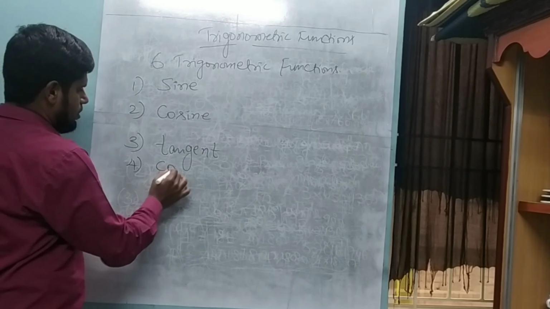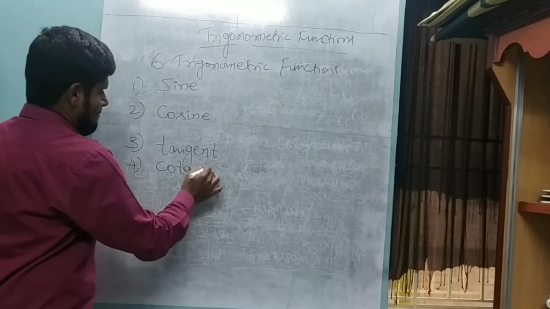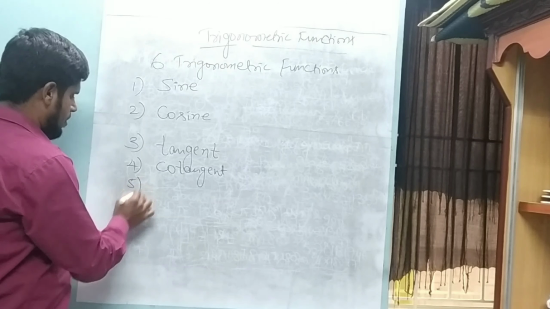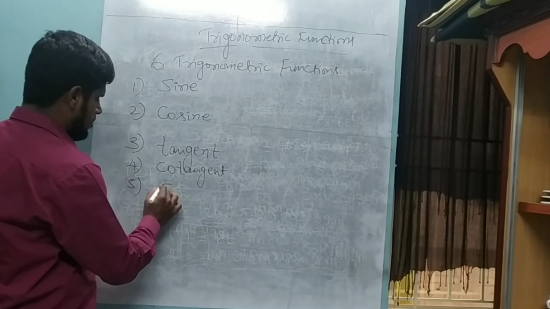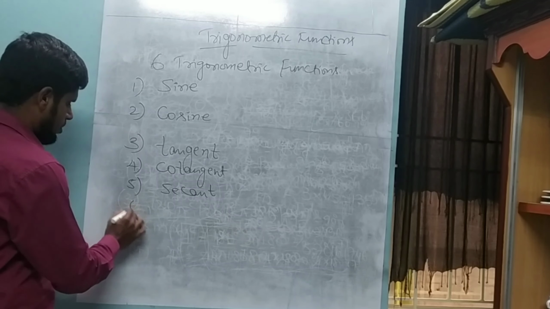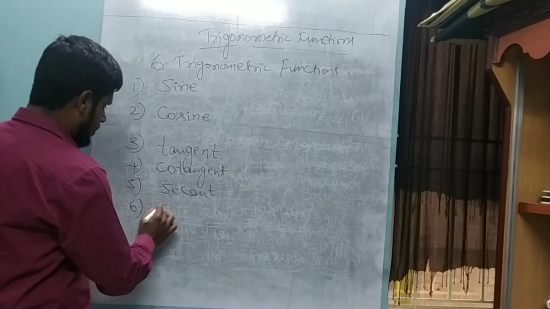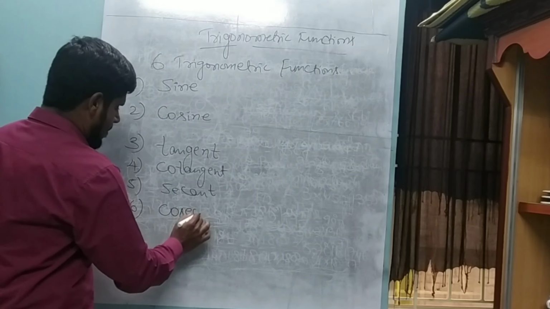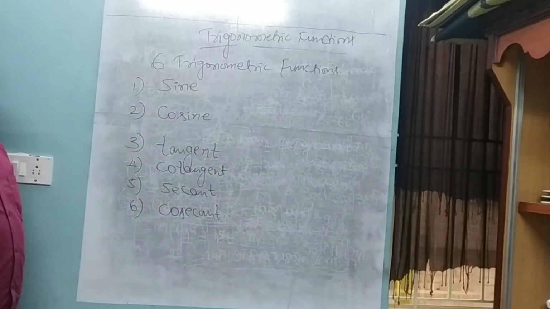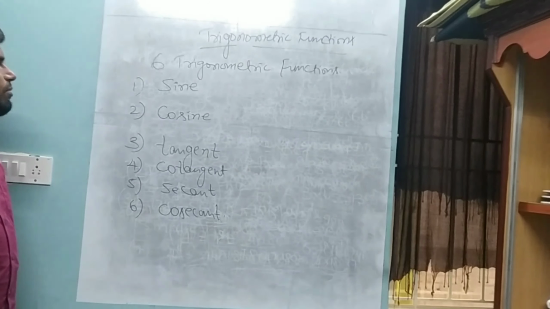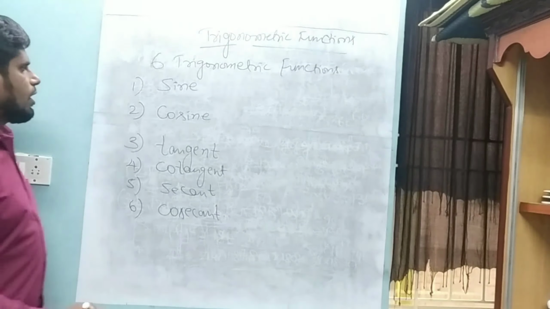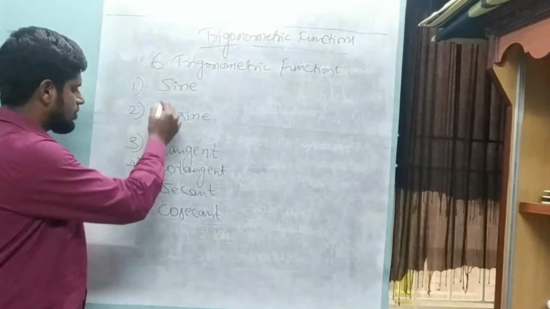And fourth is cotangent function. Fifth is secant function, and the last, the sixth one, is cosecant function. So students, these are the 6 trigonometric functions which are very important.